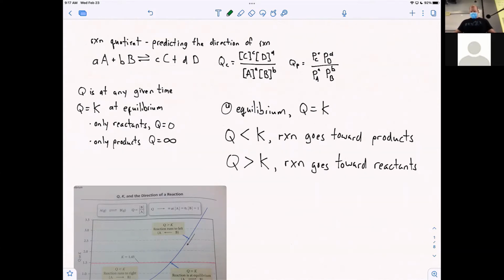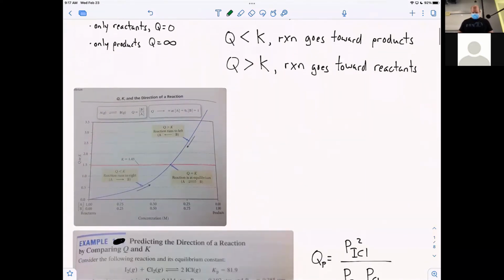There's no positive number smaller than 0. So if Q is 0, you're going to shift right towards products. And there's no number smaller than infinity. If you have infinity for Q, you're going to shift left towards reactants. So those are always easy. Questions with that one? And I'll show this in some problems.